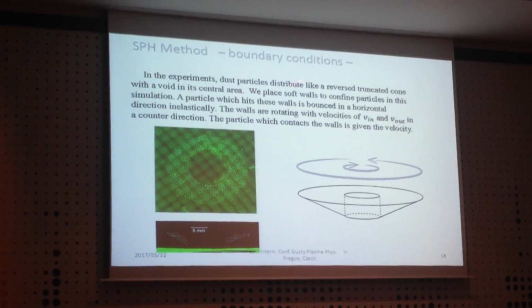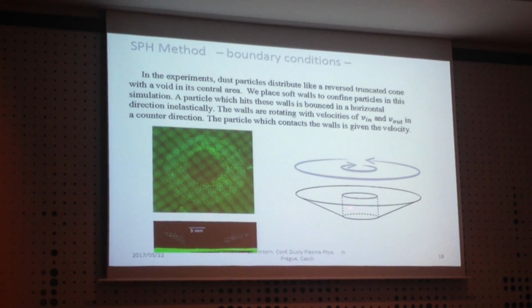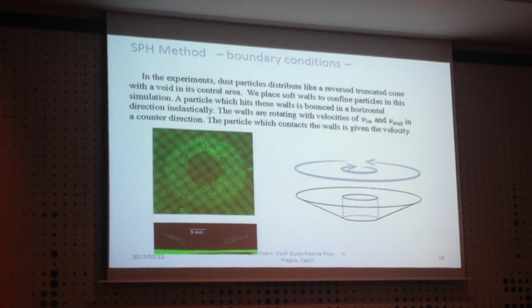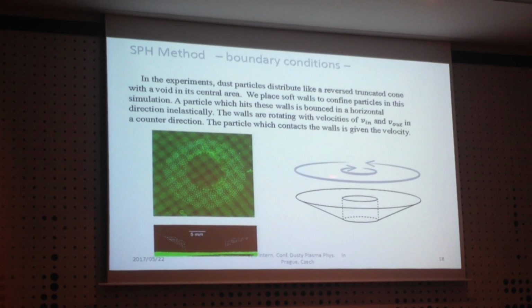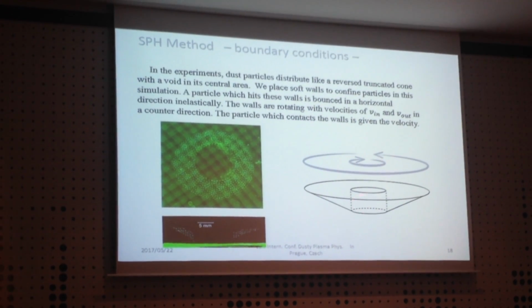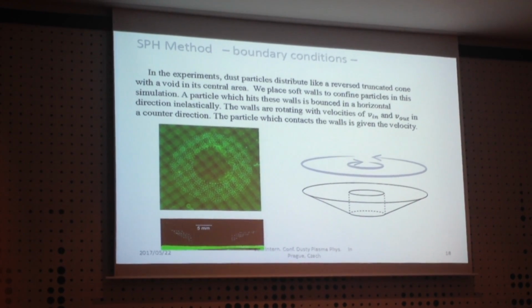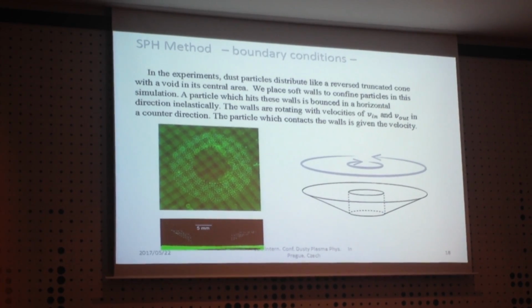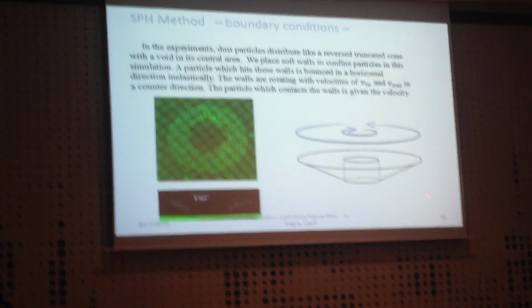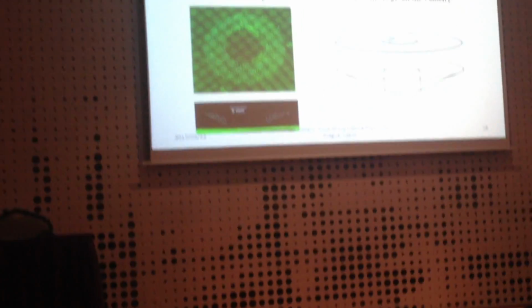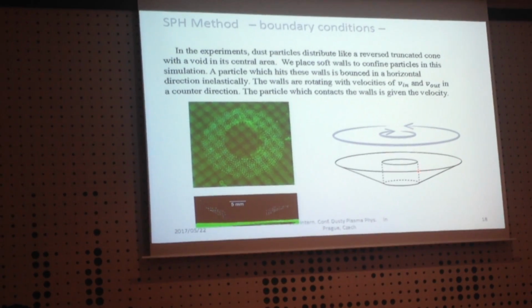In the experiment, dust particles distribute like this, and we presume this shape is achieved by the non-uniform magnetic field. But as a preliminary simulation code, we use a soft wall instead of the magnetic field.